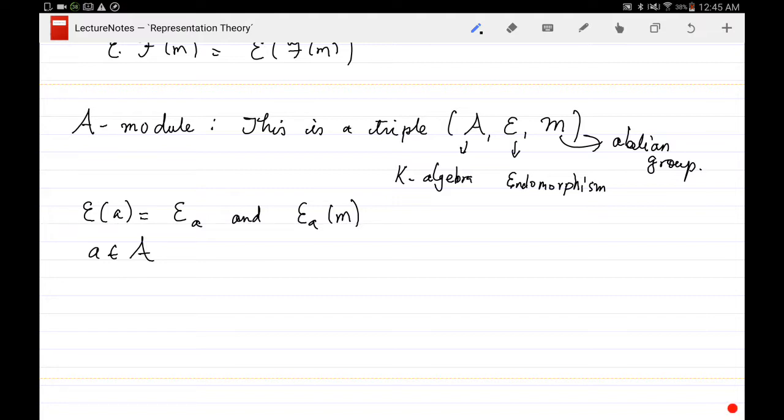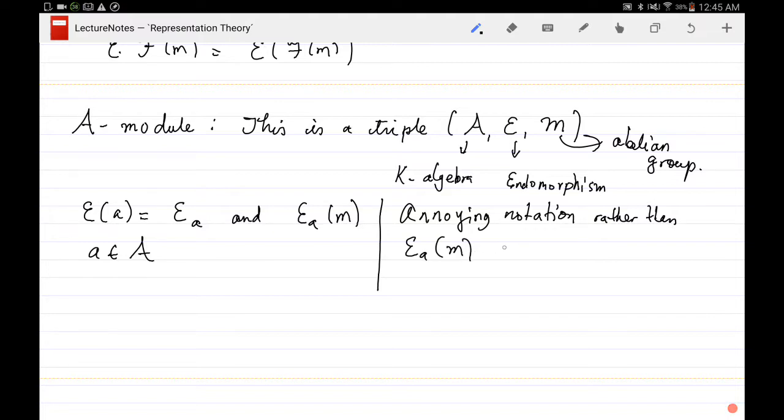So usually people make the notation shorter by, rather than writing this annoying notation, simply writing a times m.